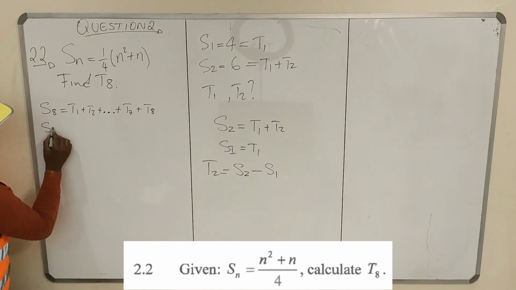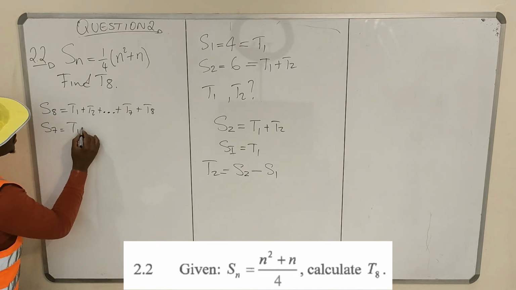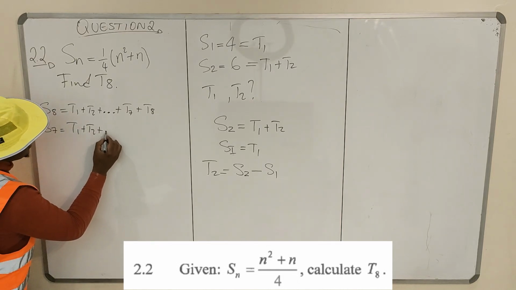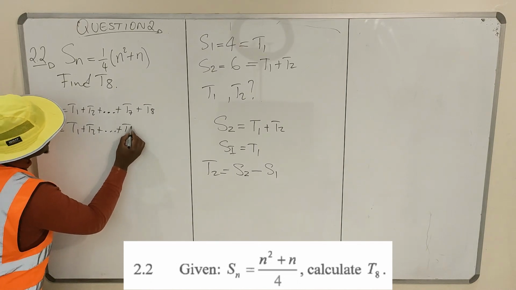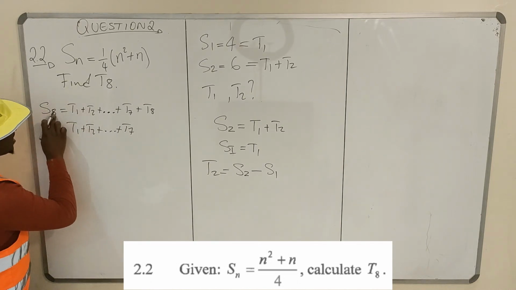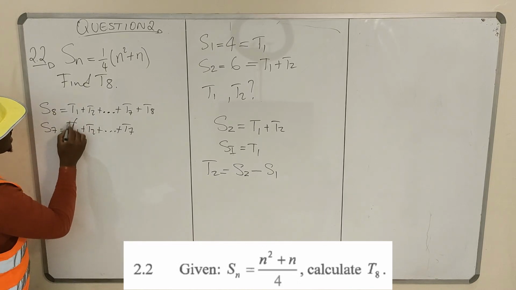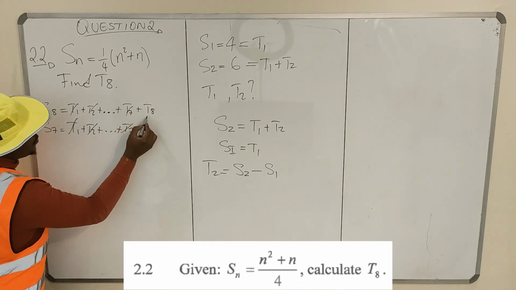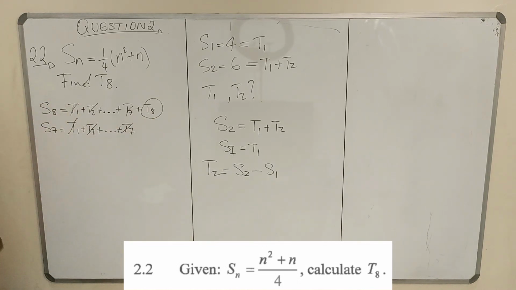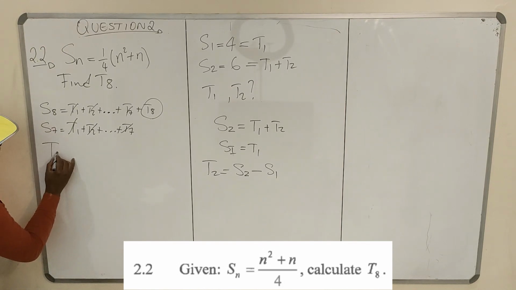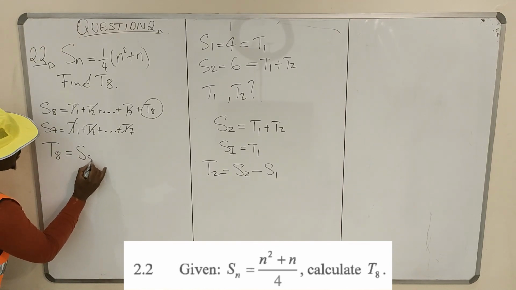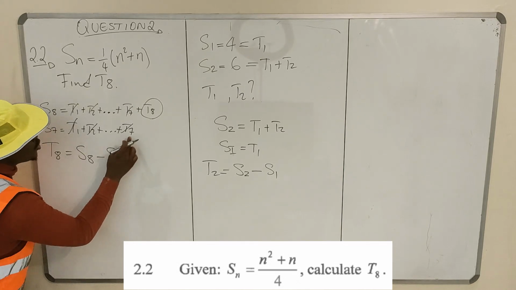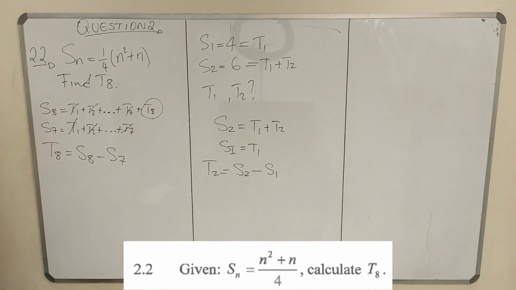The sum of 7 terms would be T1, T2 and so on up until T7, there's no term 8. So the difference will cancel everything else and you'll be left with term 8. So to find T8, it should be the sum of 8 terms minus the sum of 7 terms.